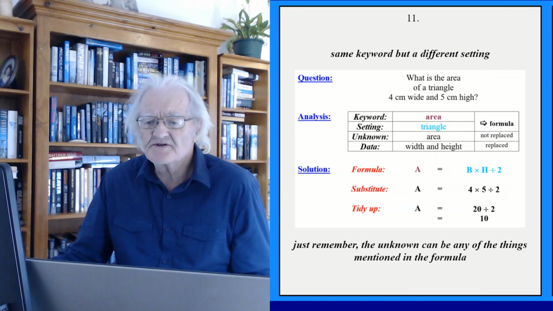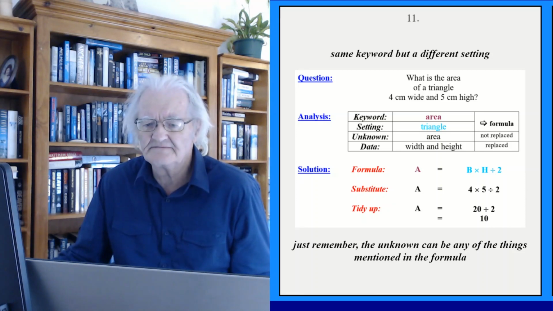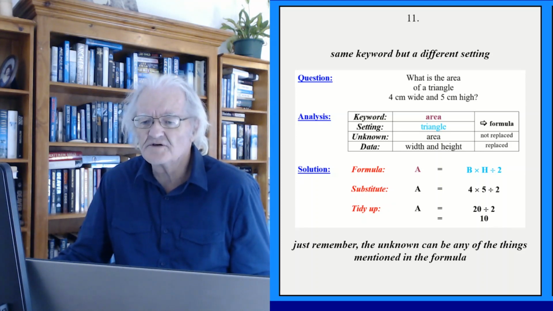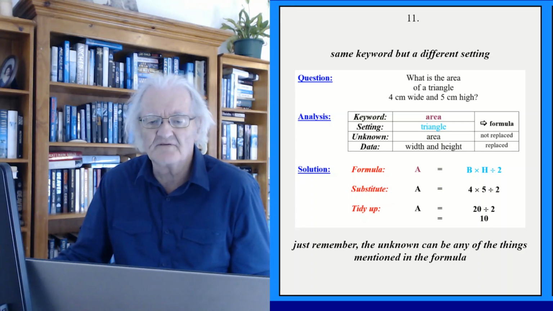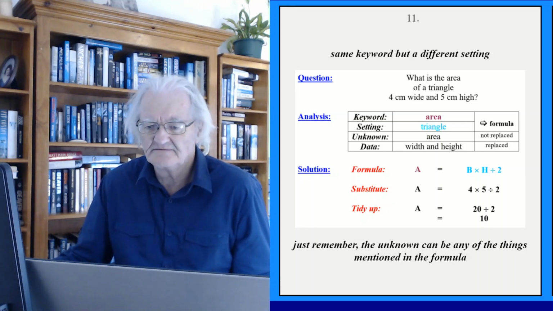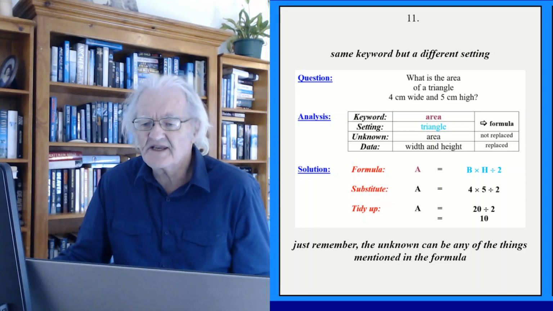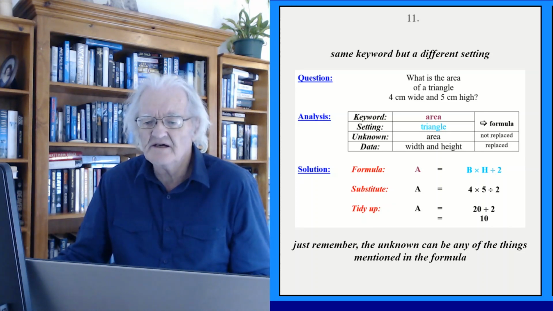The next question contains the same keyword, but a different setting. What is the area of a triangle 4 centimetres wide and 5 centimetres high? So area is the keyword, the setting is a triangle, the unknown is the area, the data is the height and width.